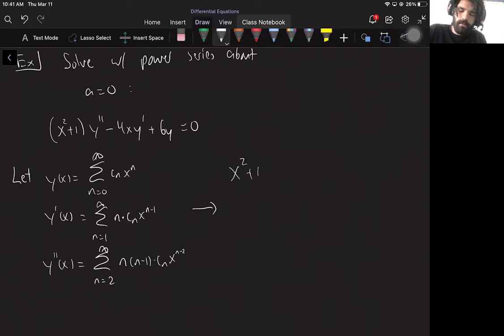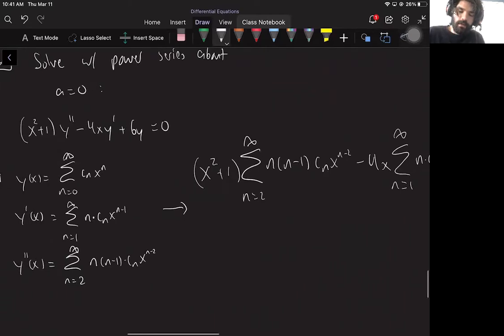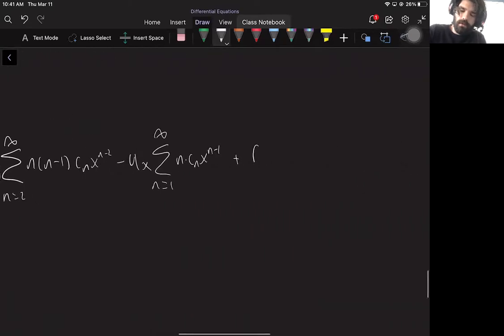So I'm going to plug these in. It takes lots and lots of writing. So that y double prime goes there. Okay, minus 4x, y prime goes here. And then plus 6 of the original, just y.